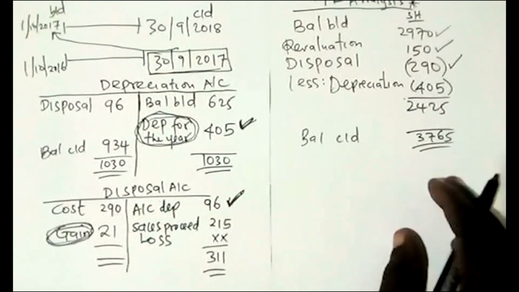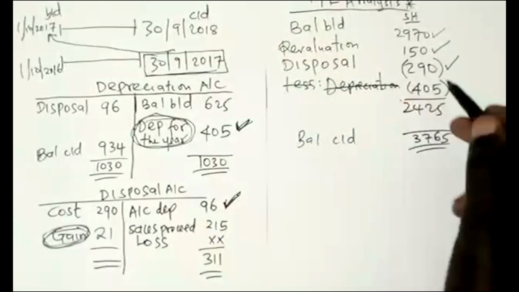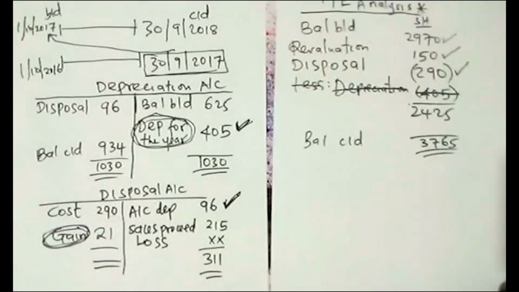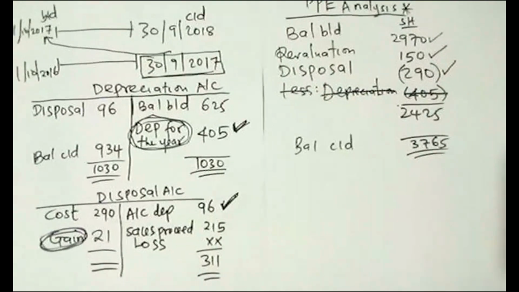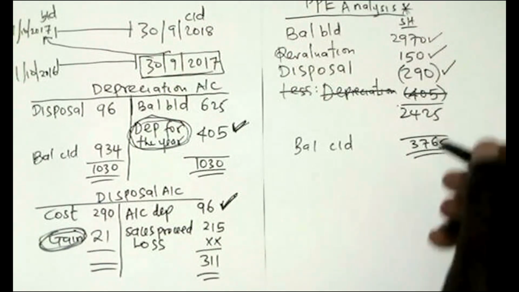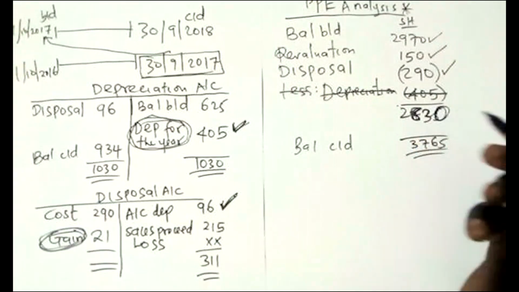The depreciation has already been adjusted, so we don't have to record it again. That is the only mistake I did there. So 2970 plus 150 minus 290, that is 2830.